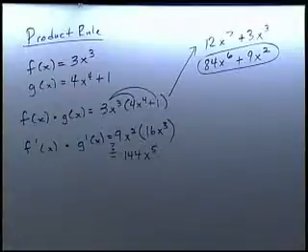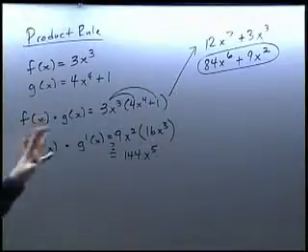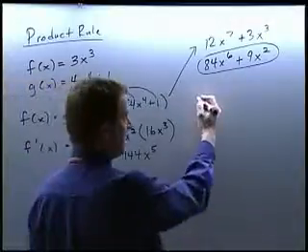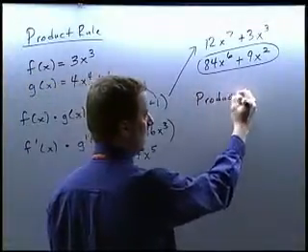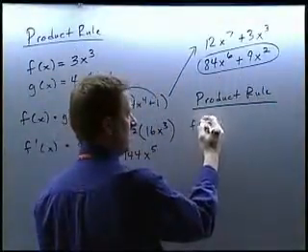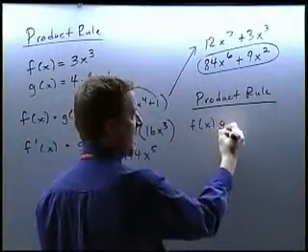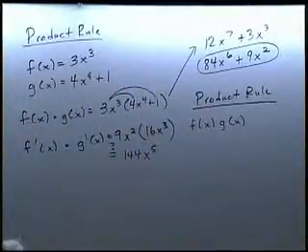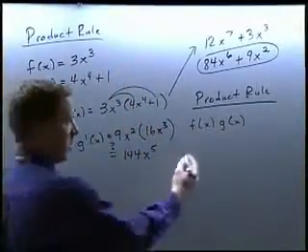Now, I want to go ahead and put down the definition for the product rule. It seems kind of long, but it's really not a bad definition here. Okay, here's the definition for product rule. All right. If we've got some function f of x times another function g of x, and we want to find its derivative, okay?